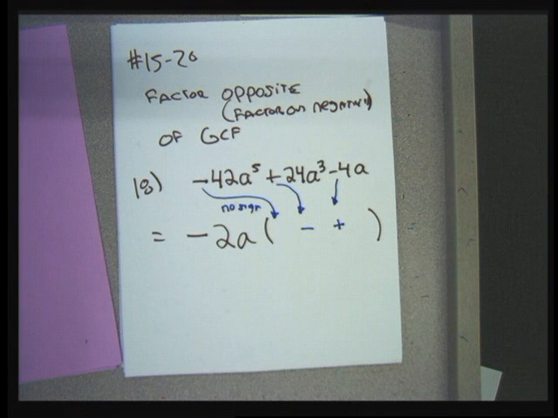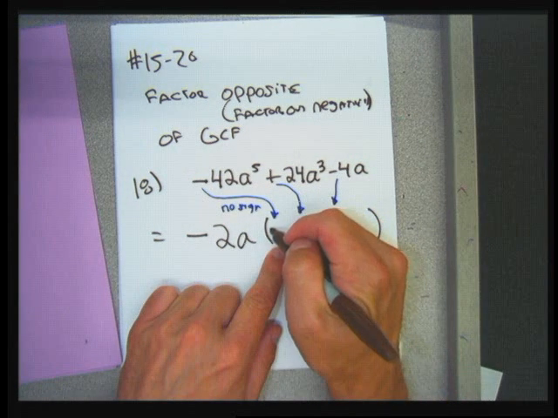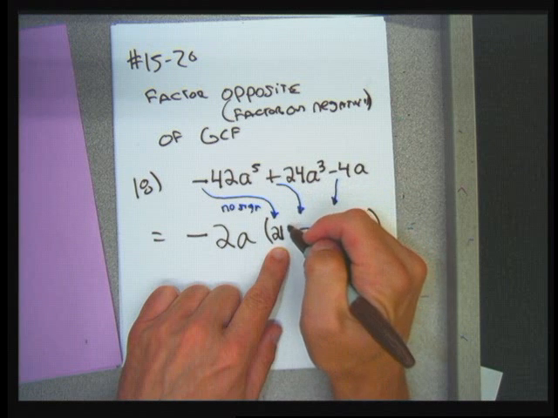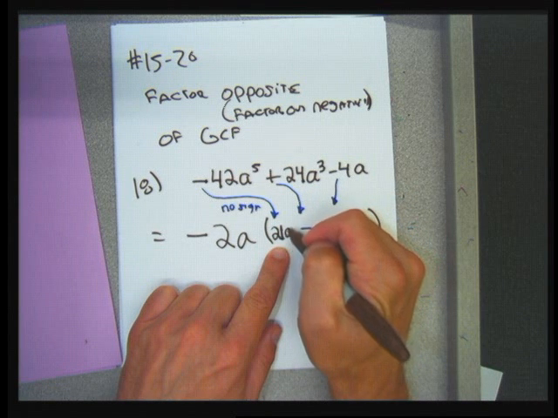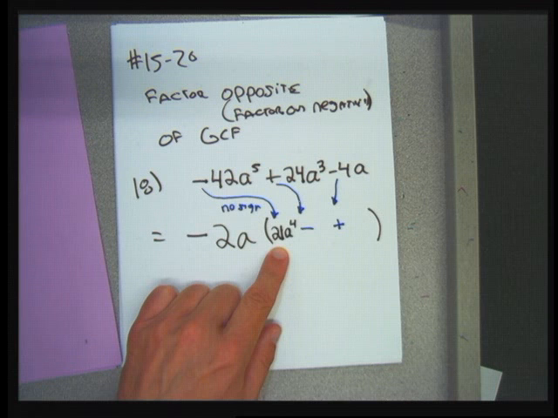Now I need to get the numbers and the letters. So I'm going to divide each of the numbers by 2 and take away 1A from each. So the first thing I'm going to have is a 21, because 42 divided by 2 is 21. I had 5 A's, I took 1 away, so I get 4 A's. So 21A to the 4th is the first thing that goes in the parentheses.